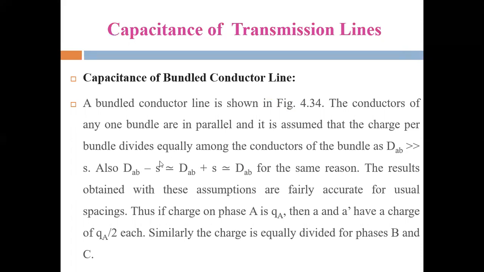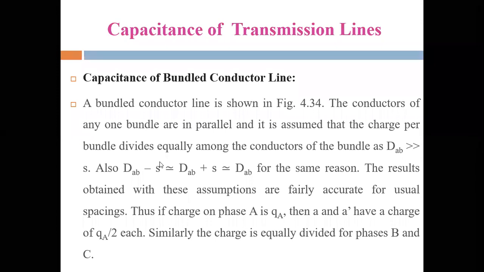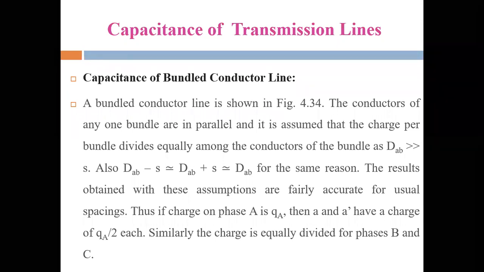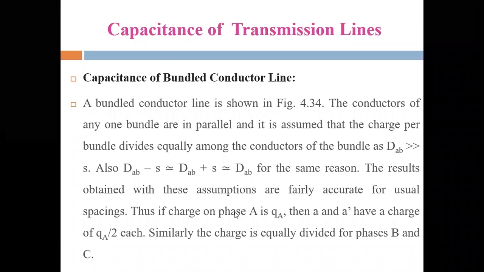That means the conductors are connected in parallel. Then we are calculating the capacitance value between these bundle conductors. By using a bundle of conductors, the capacitance value will change.